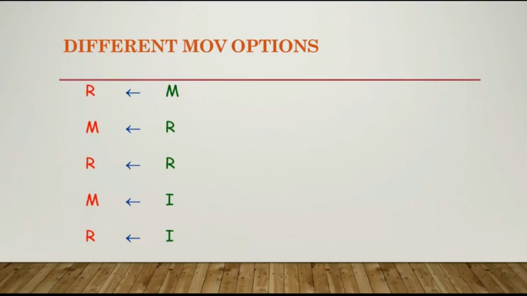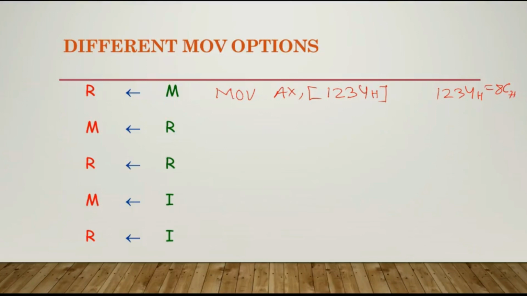Now, coming to the different types of move options possible, the data can be copied from memory to a register. An example of this could be, I will write move AX comma, memory location 1234H. Let the memory location 1234H have a data 8CH in it.